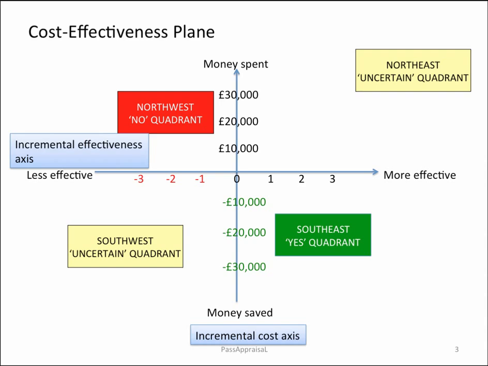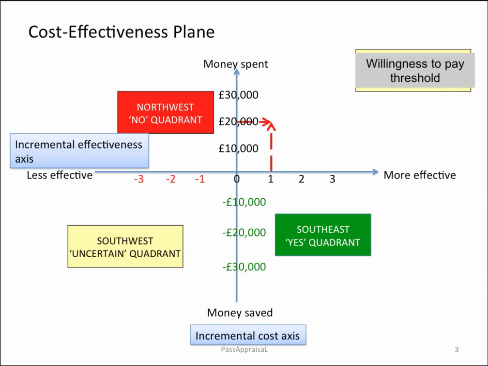These trade-offs may or may not be acceptable, depending on how much money is available for investment. In other words, whether a treatment with ICER in areas of uncertainty is acceptably cost-effective or not actually depends on the decision maker's willingness to pay.